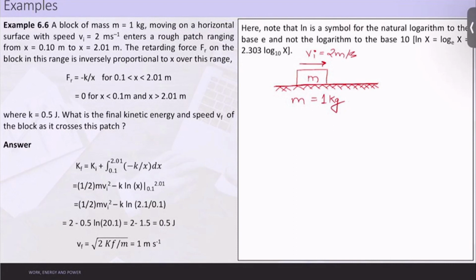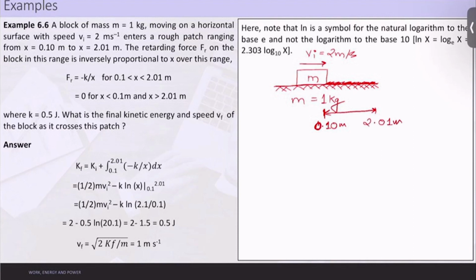Let us say this is a rough patch. It is going to enter at this location. It enters a rough patch ranging from x equal to 0.1 to x equal to 2.01 meters. So the displacement starts from 0.10 meters, and here it will end at 2.01 meters.